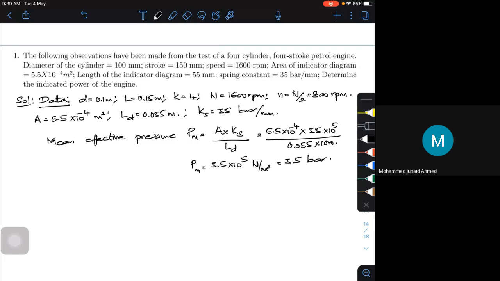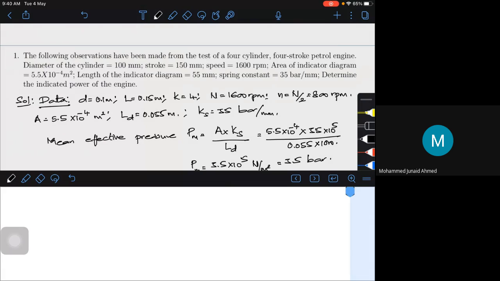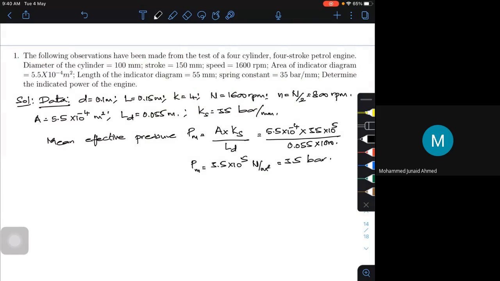The spring constant should have been 35 bar per millimeter. One minute, that's just a conversion we need to check. I should get 3.5 bar.